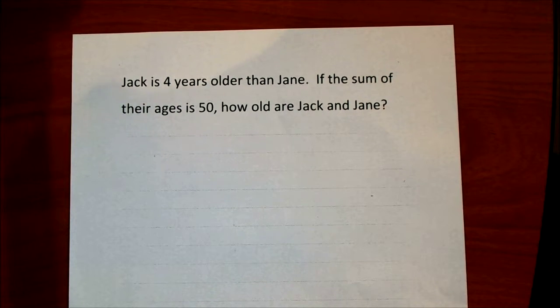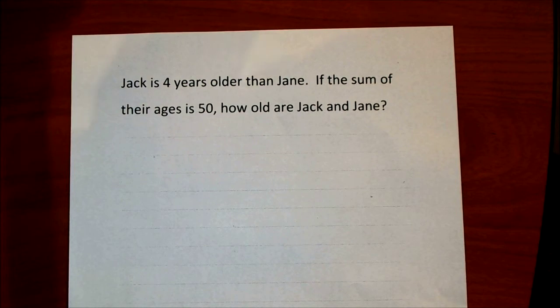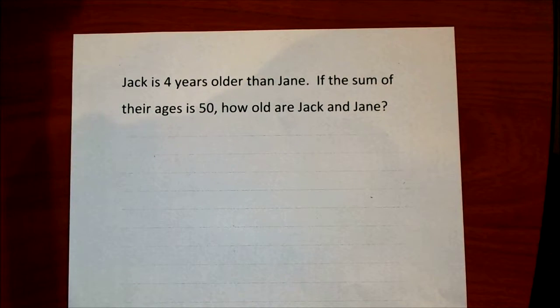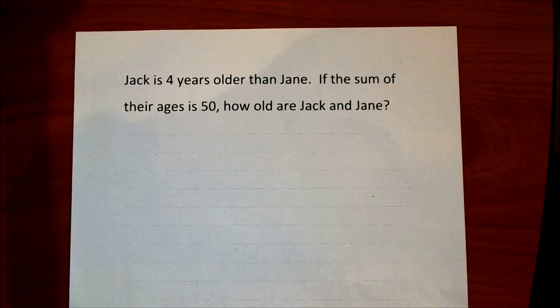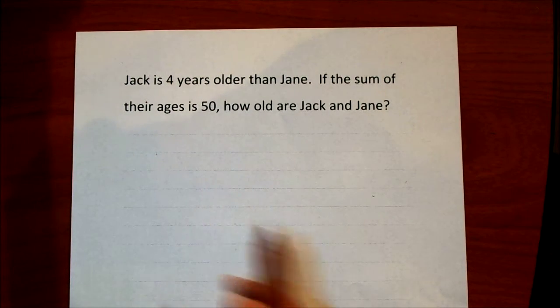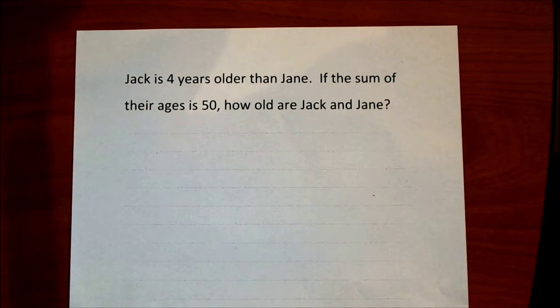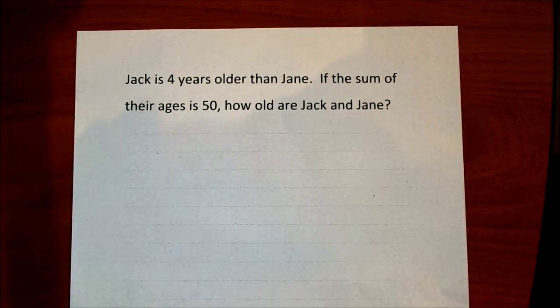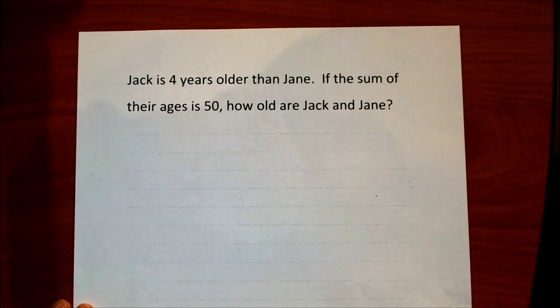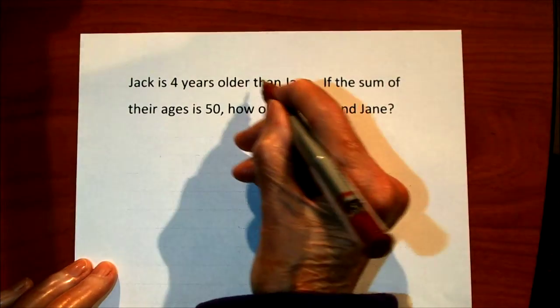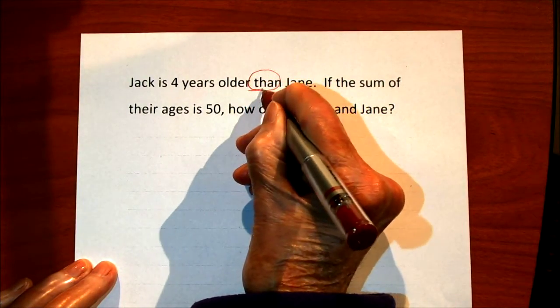We're comparing Jack's age and Jane's age, and they give us the sum, which means add, of course, is 50. So our equation is going to be Jack's age plus Jane's age equals 50. But we have to know who X is. The word than is a comparison word, and it will point you to X.